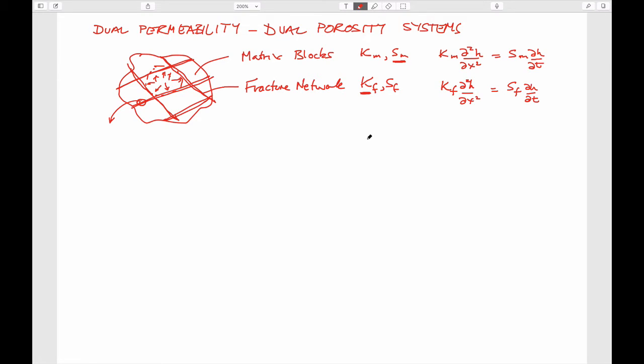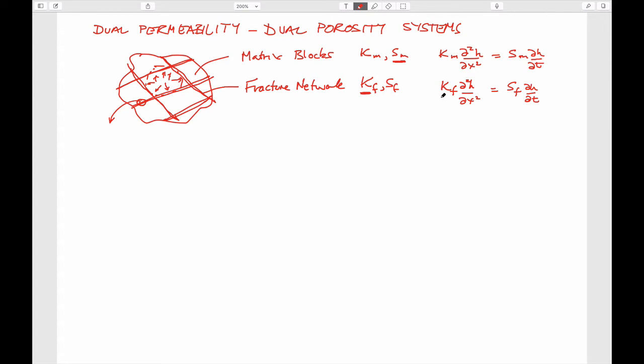two different ways. And so if we thought about them individually, you could imagine that if the matrix blocks were impermeable, then it would only be the permeability of the fracture network which would contribute to flow.